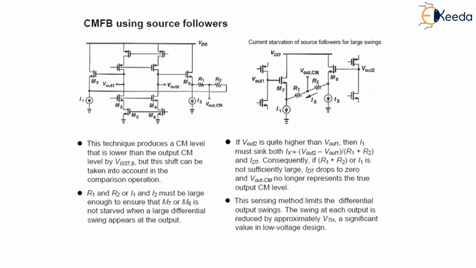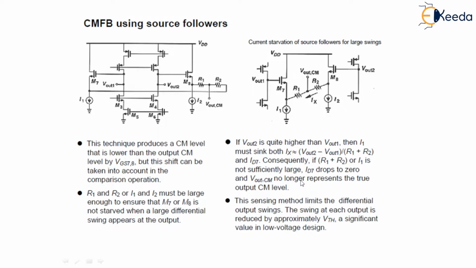Now R1 and R2 or I1 and I2 must be large enough to ensure that M7 or M8 is not starved when a large differential swing appears at the output. As shown in this figure, if Vout2 is quite a bit higher than Vout1, I1 must sink both Ix and ID7.